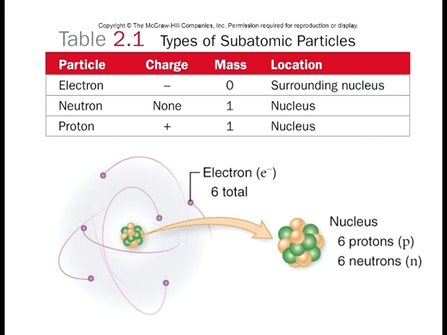In the nucleus, or the center of the atom, are your protons and your neutrons. This is what forms the mass of the atom. So each atom has its own particular mass that is determined by the amount of protons and neutrons. The more protons and neutrons it has, the heavier it is, the heavier elements and things of that sort.